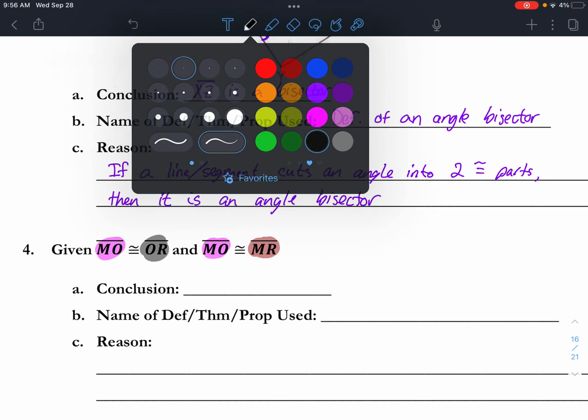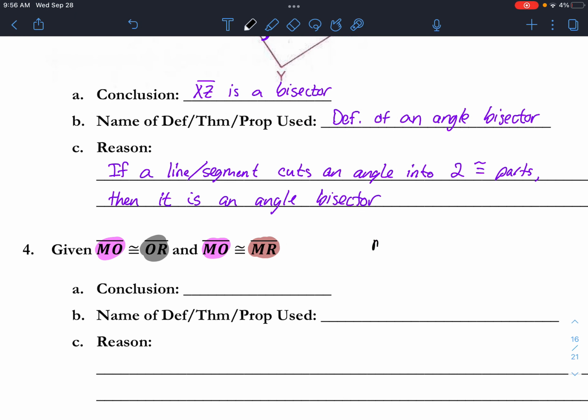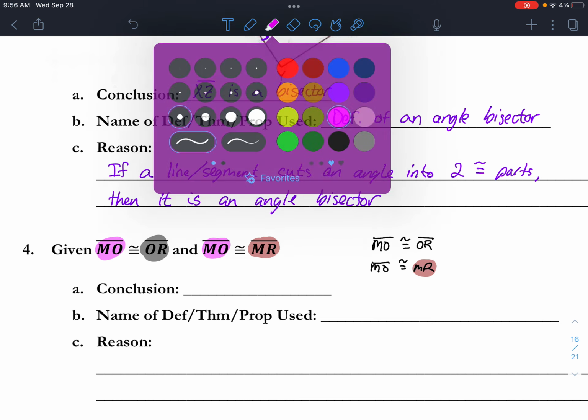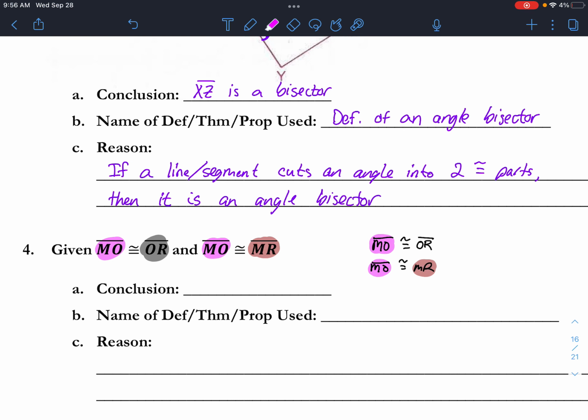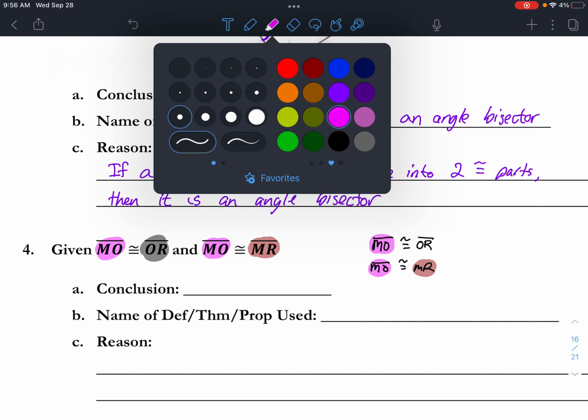So I'm just going to rewrite these real quick off to the side so they're stacked. MO is congruent to OR. And then underneath it, I'm going to write MO is congruent to MR. I'm going to give them their same exact color schemes. MR was red. MO was pink. And OR was black.